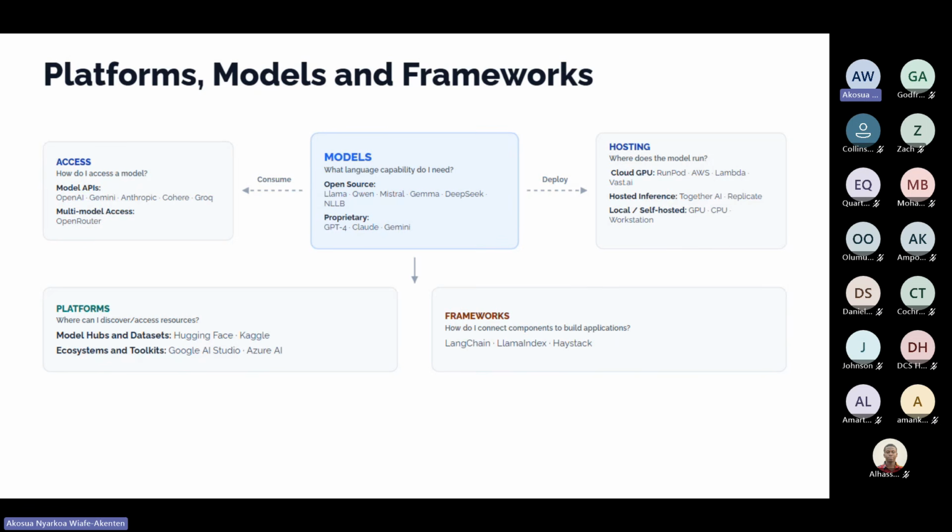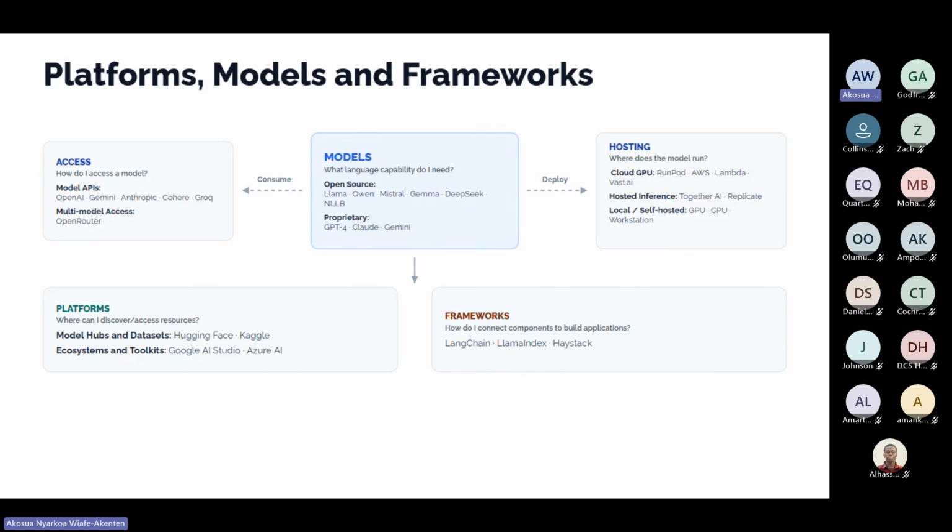Okay, so when we start with models, when you are choosing a model, as I said, you need to ask yourselves, what language capabilities do I need? What language task do I need? And once you have that, you realize that you need to select a model that performs the task that you are interested in.